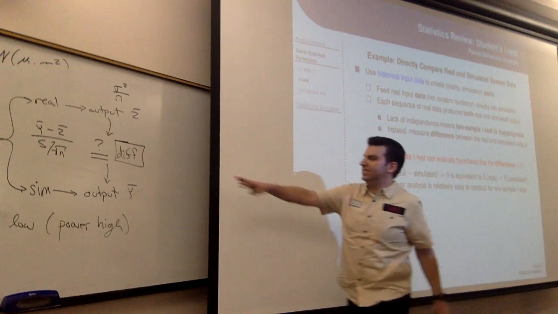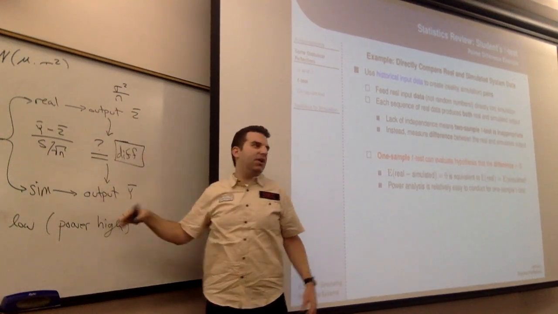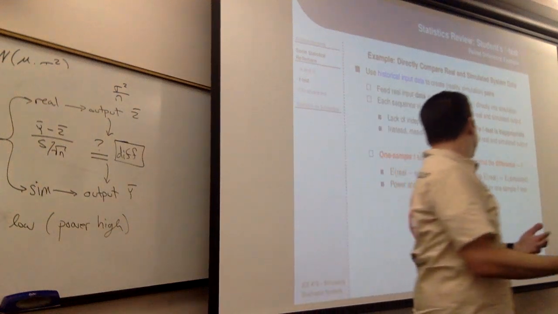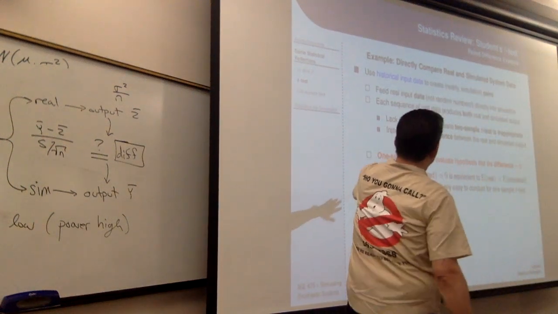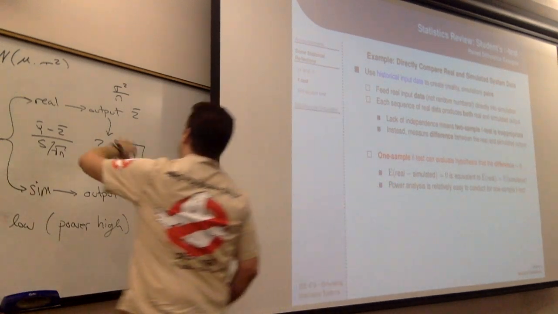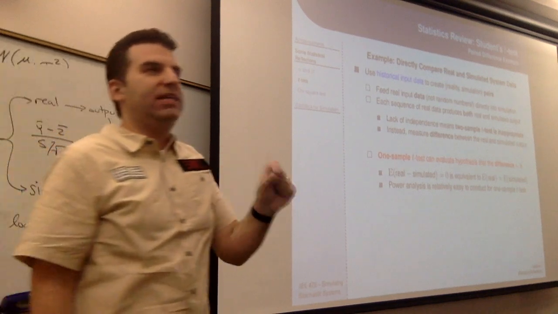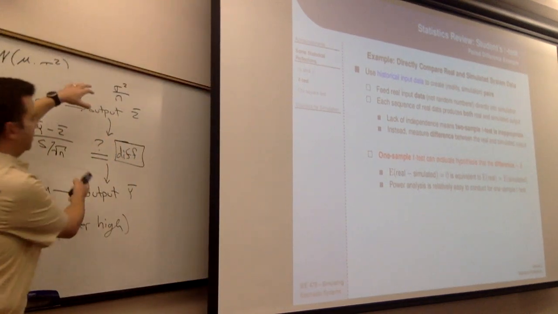And if I can show that the differences have a zero mean, then I can conclude that these two outputs are equivalent, at least in the mean. So the power analysis is also very easy for me to do for this one-sample test. So I'm converting a two-sample test into a one-sample test, and the only reason I can do that is because the outputs are paired.